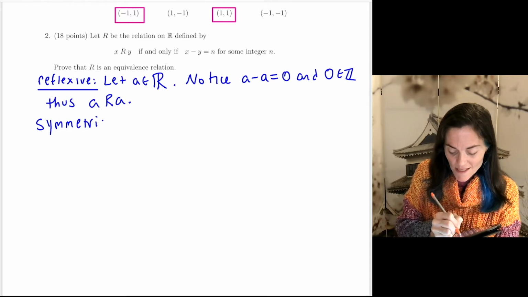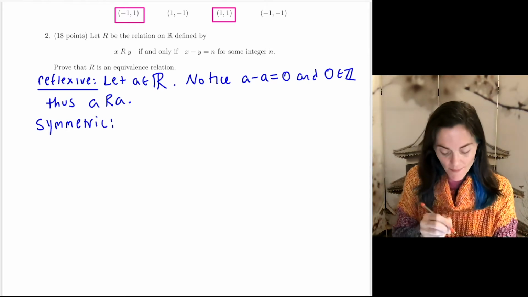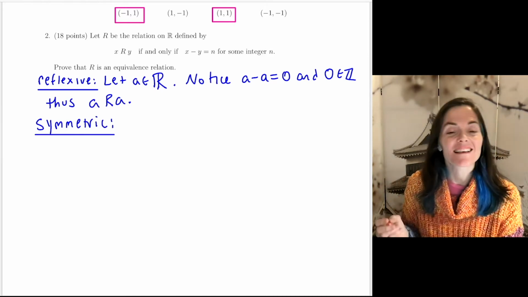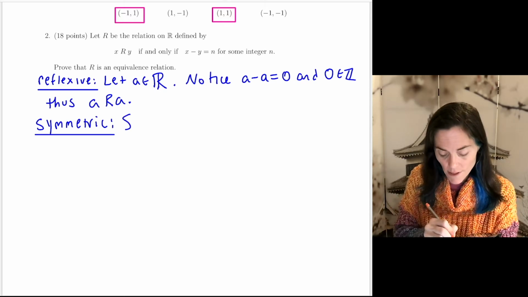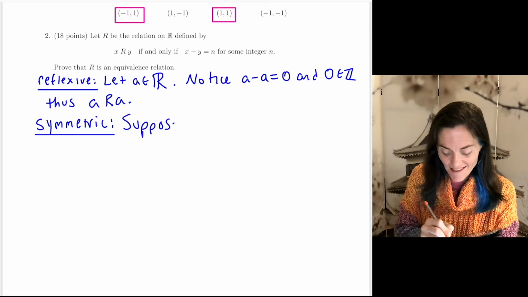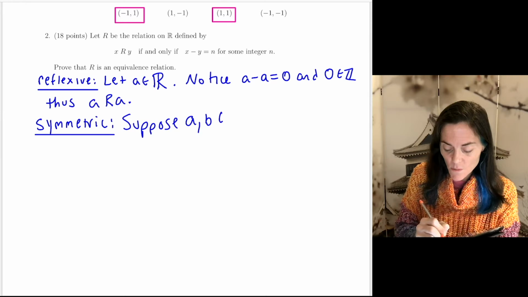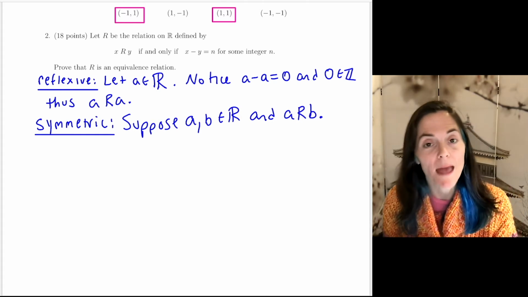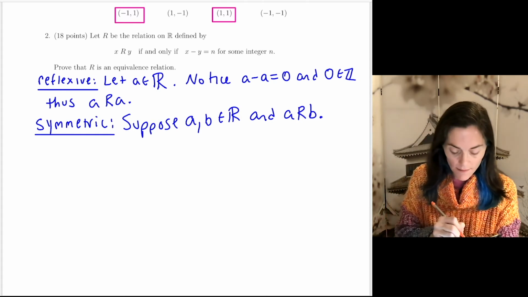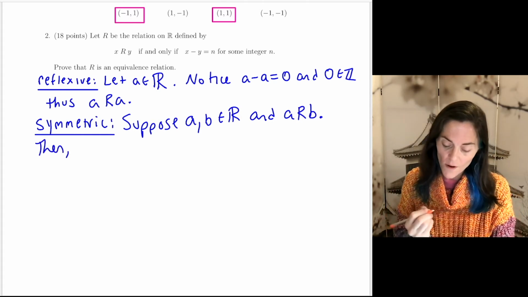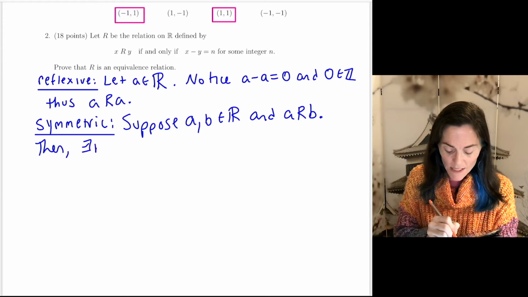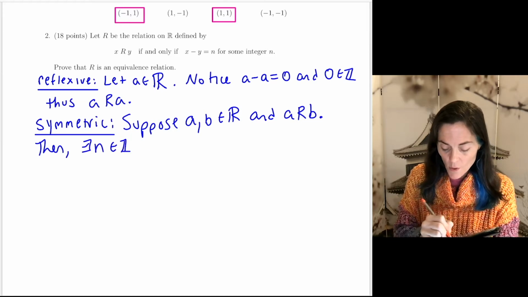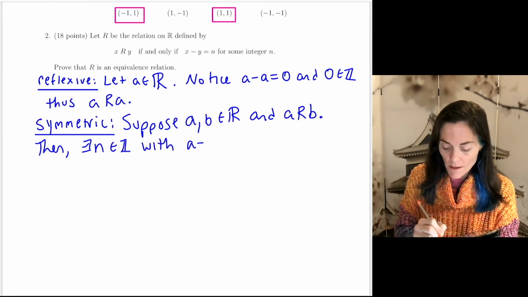I want to prove this relation is symmetric. This is what I will do next. So we suppose we have 2 real numbers, a and b, that are related. So we suppose a and b are real numbers and a relates to b. We want to show that b relates to a. But what do I know? Well, I know there exists some integer n with a minus b equals this integer.